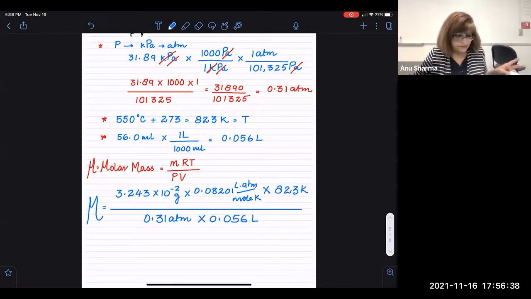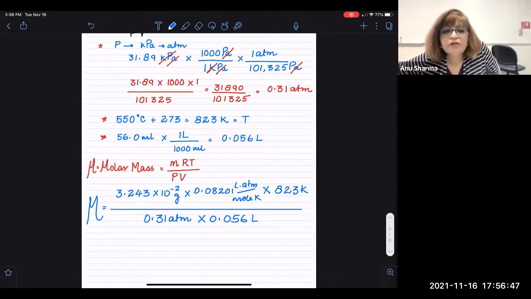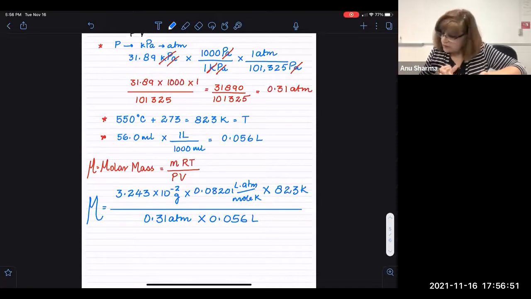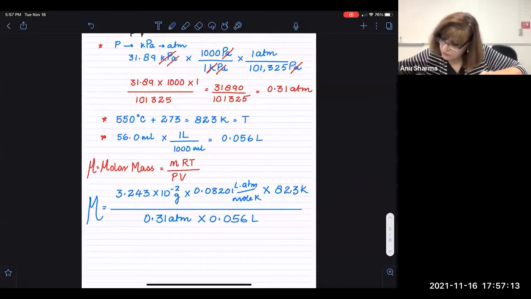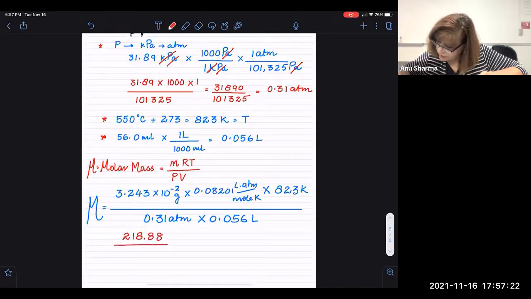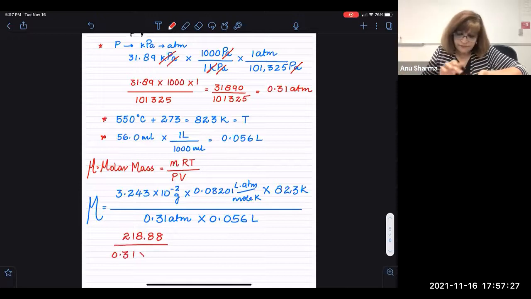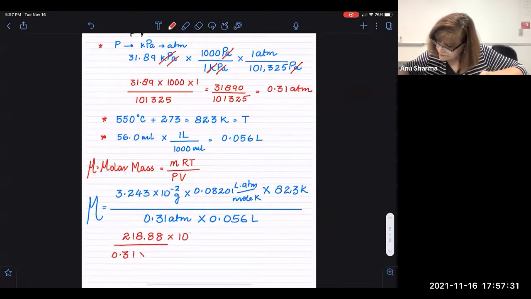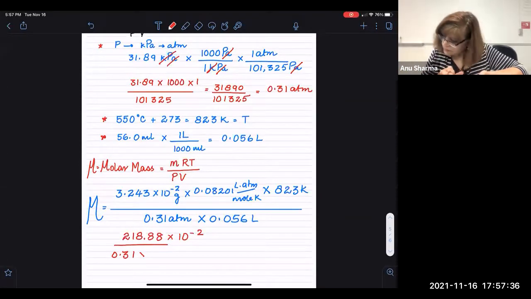All right, so this is going to give you the value of molar mass. So do these calculations. What do you get here? 3.243 times 0.08201 times 823 is equal to 218.88, over 0.31 times 0.056, which is equal to 0.017.